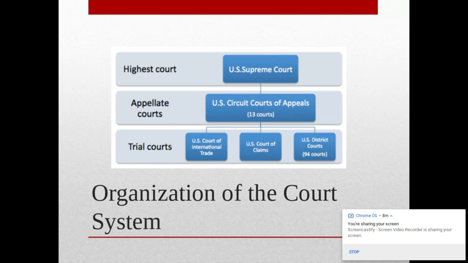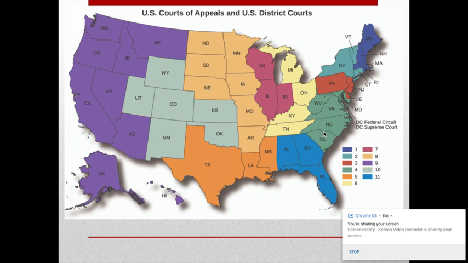That's why when we were studying civil liberties and civil rights, we were looking at cases that went to the Supreme Court. Those are primarily the types of cases that they take. The next level of court is the U.S. Court of Appeals, also called the circuit courts, and those are regional. Here we go. It talks about these courts. You can see we live in the Ninth Circuit. That's everything in purple.